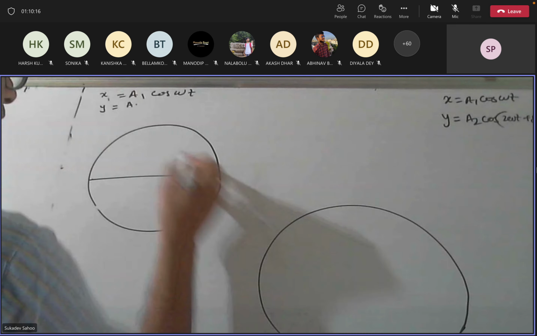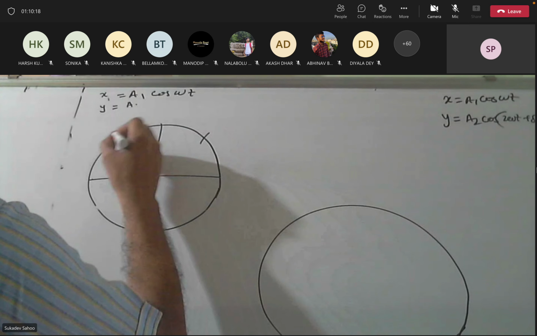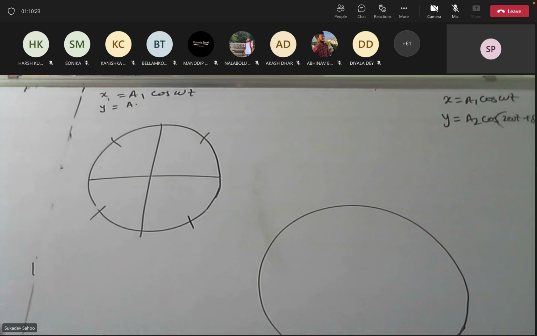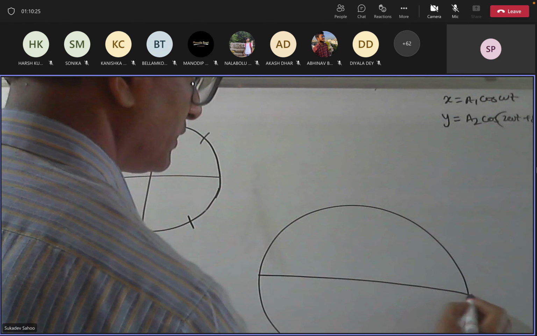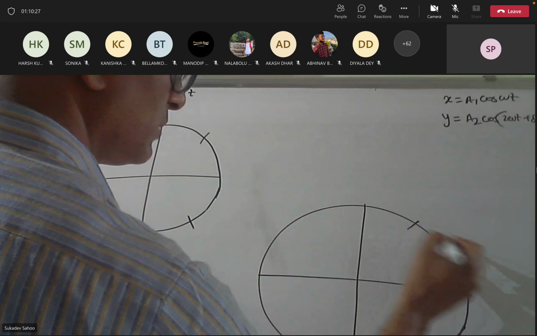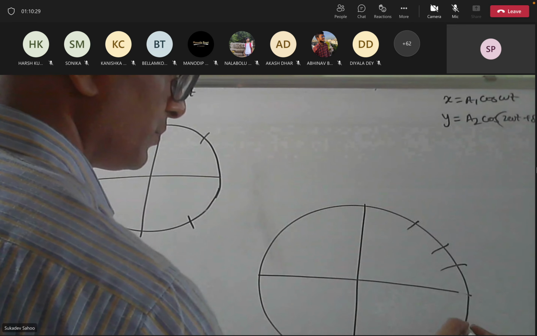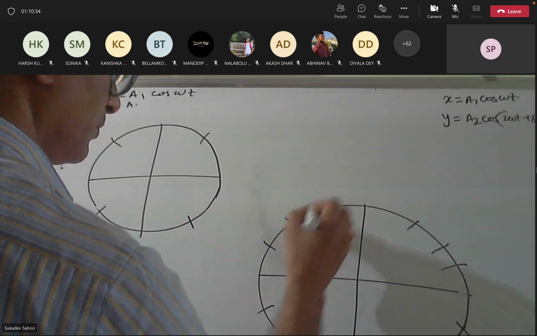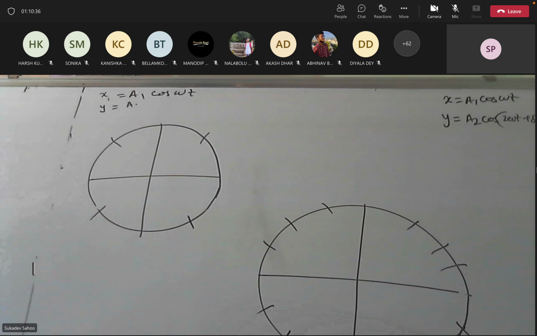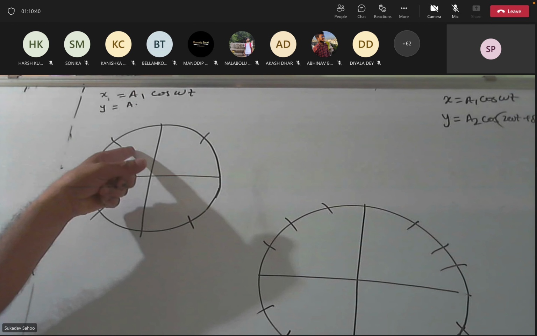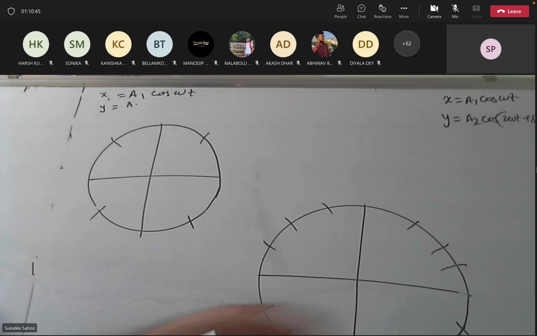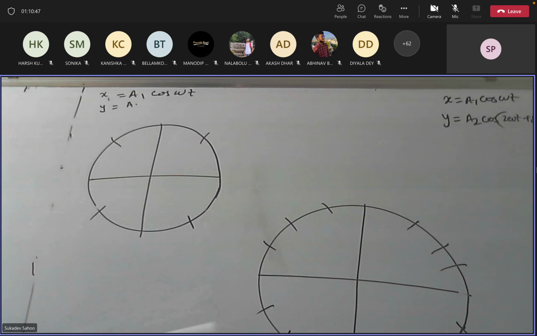Now you see, this is the first circle having radius a1.